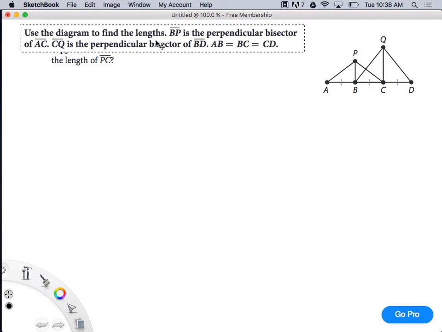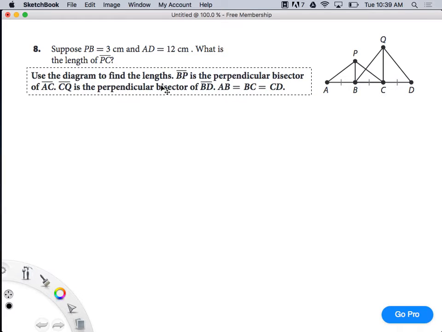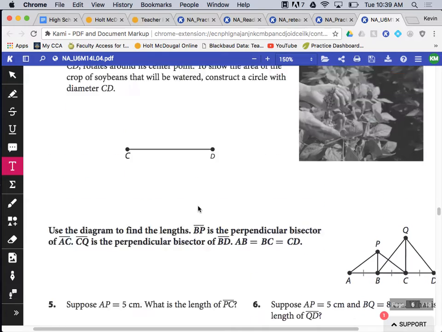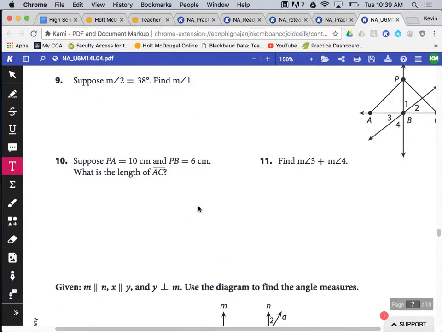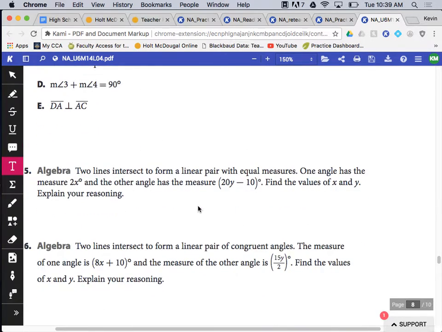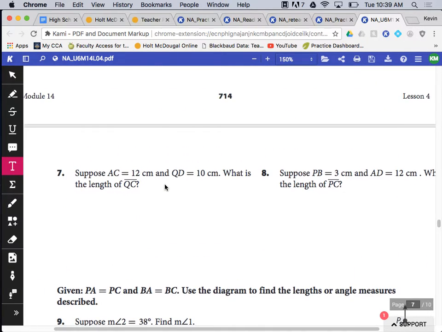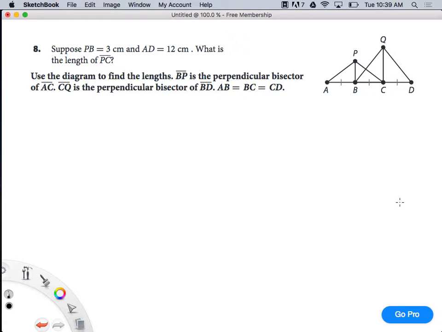So you're going to have to use that. As well. So I'll give you some time. Go ahead and do number 8, please. In your homework, page 715. You're going to have to use Pythagorean theorem. So I just showed it to you.